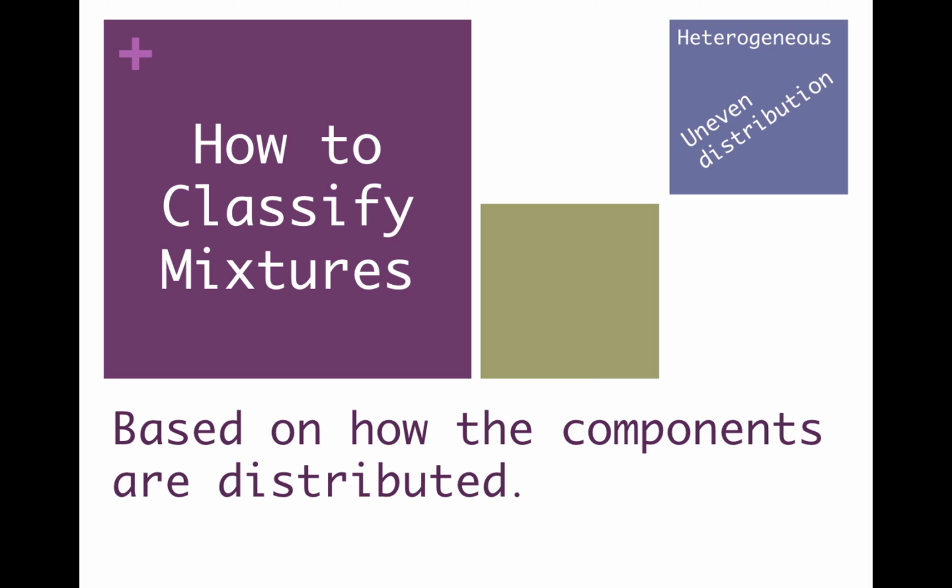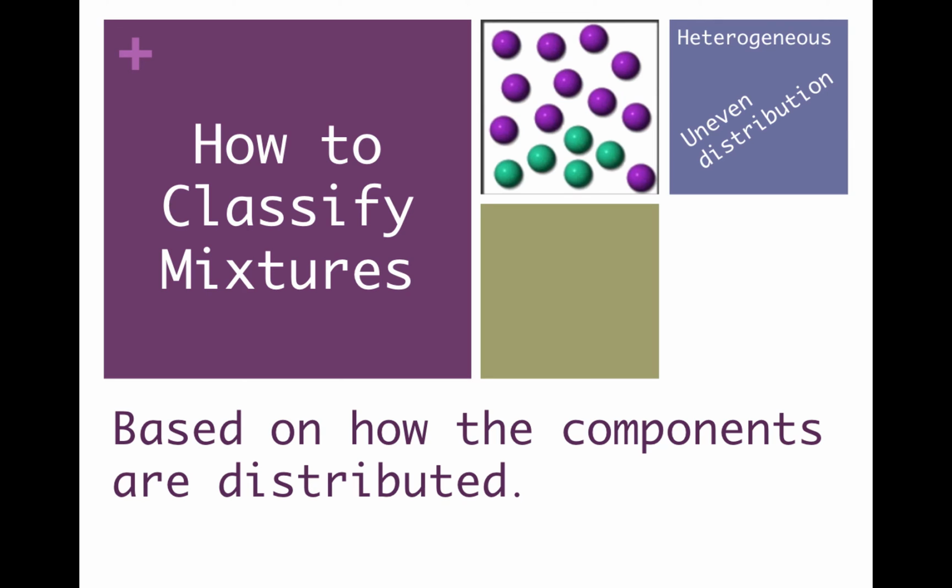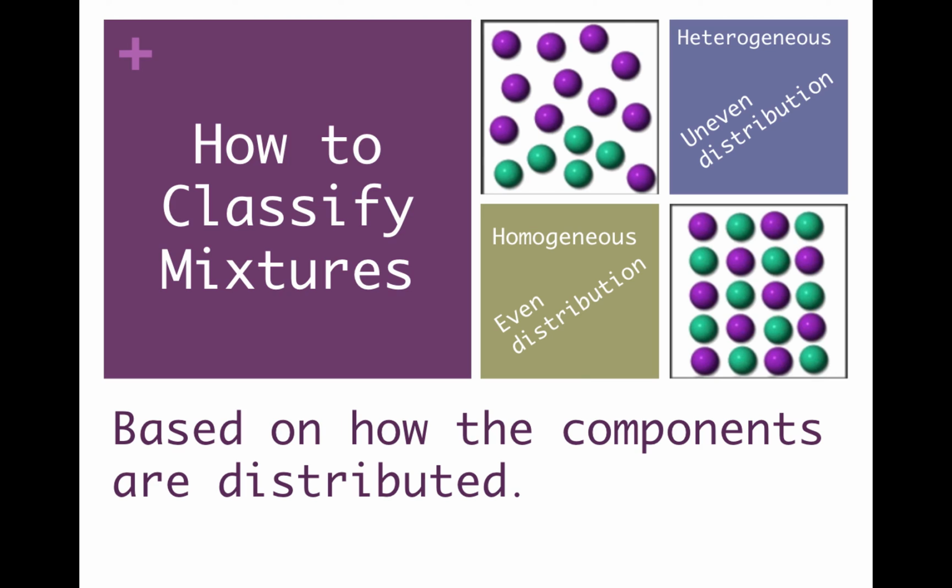There is an uneven distribution of the components. Take a look at that picture. Uneven distribution of the components. As compared with a homogeneous mixture where there is an even distribution of the components. Look at that figure.